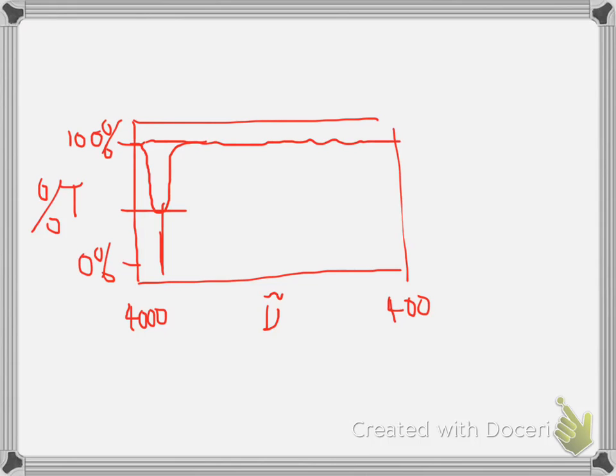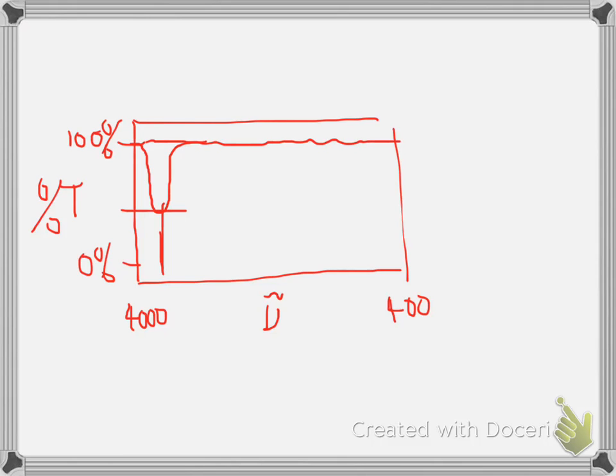So there's two basic ways that we characterize the light that's absorbed: its energy in terms of wave numbers, and the amount of light that gets absorbed. 50% transmittance would mean half the light got absorbed.